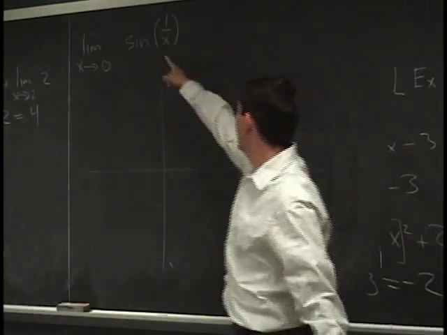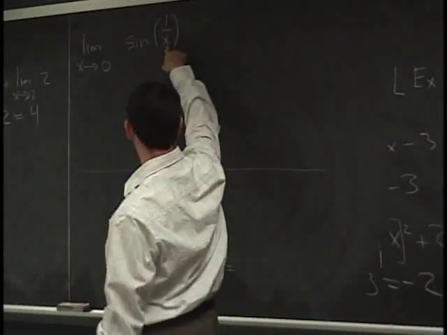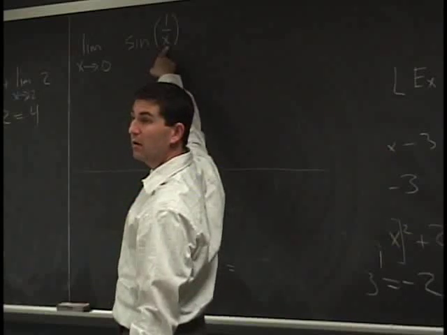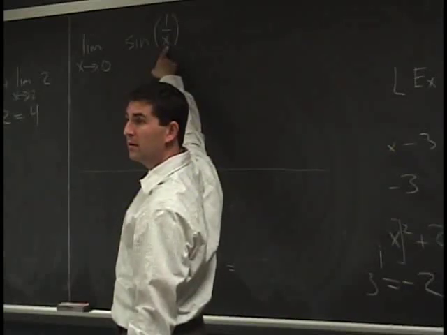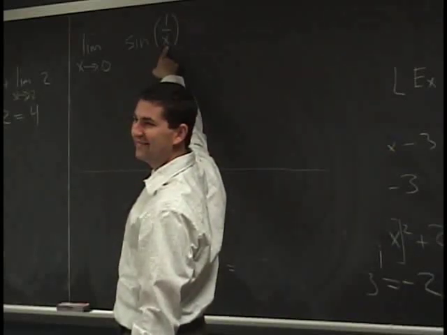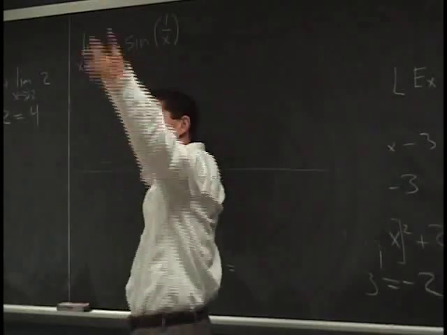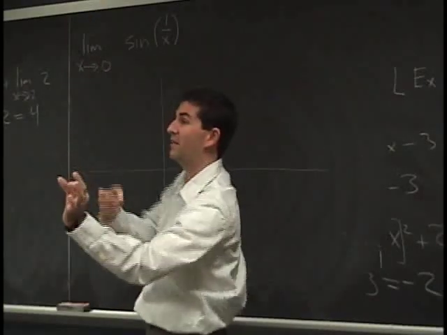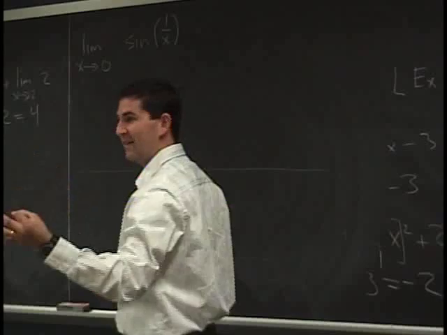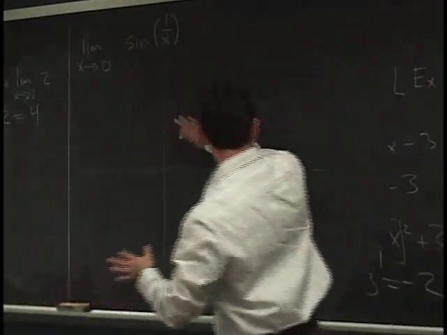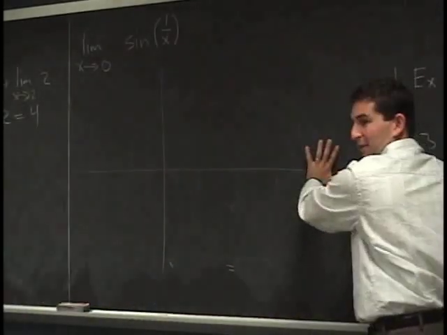So this gets closer and closer to sine of 0. And what is sine of 0? 0. Very good. Remember your unit circle. The y value is 0. So as you go off to infinity, this thing is going to go to 0.